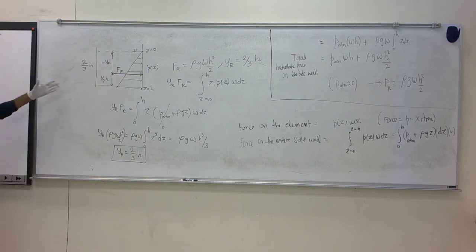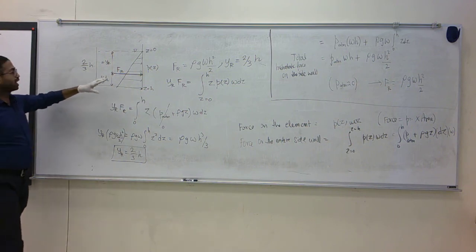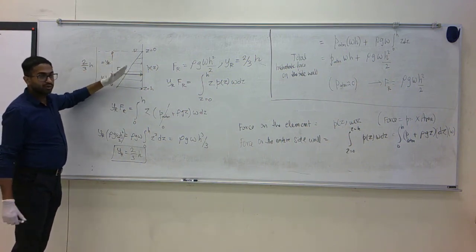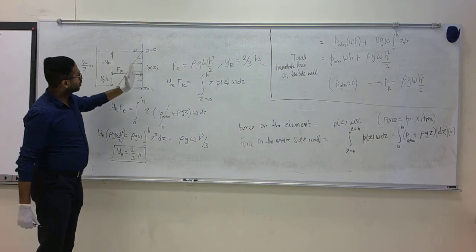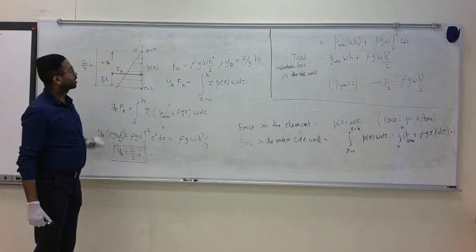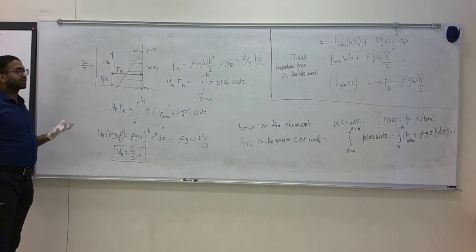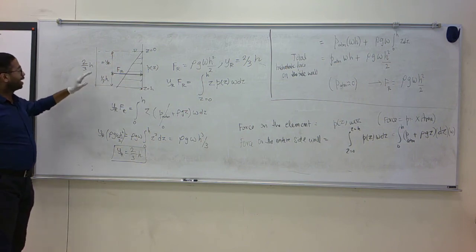This is a very simple case. You have a rectangular wall, you have a simple load, the wall is oriented vertically, and you are trying to calculate the resultant force on the wall and where it is acting.